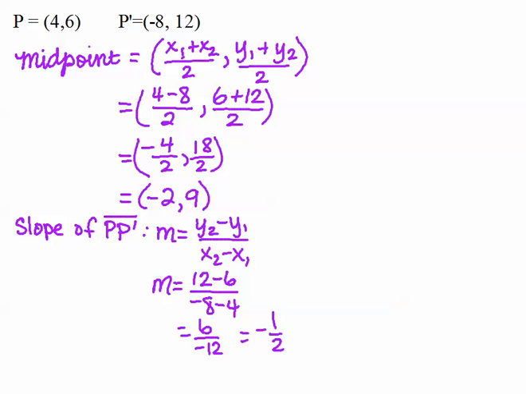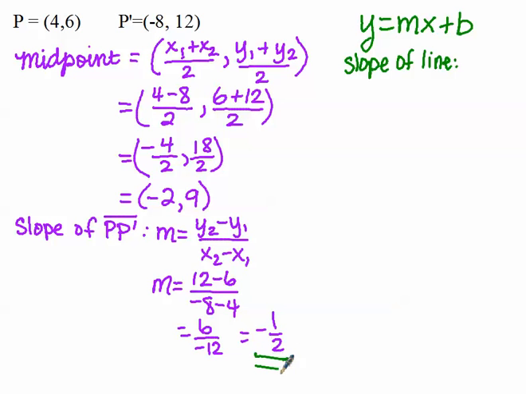Okay, so to write the equation of the line then, the equation of a line is y equals mx plus b. The slope of the line has to be perpendicular to the segment, so it's got to be the opposite reciprocal of this negative 1/2. So opposite changes sign, the negative will become a positive, and we use the reciprocal. 1/2 becomes 2. For x and y, we use the midpoint. So in this case, our x and y values are negative 2 and 9.